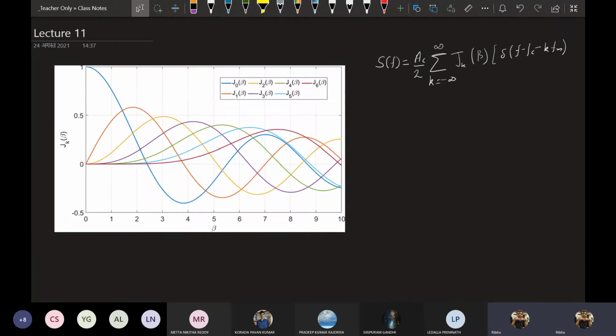On the picture here, plus f plus fc plus kf. Fine. This beast, and we had also drawn this picture. I'll try to paste that.